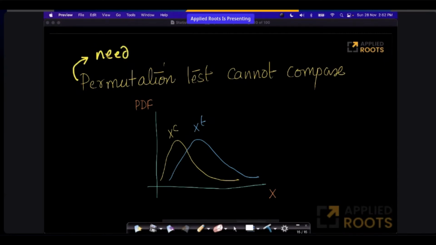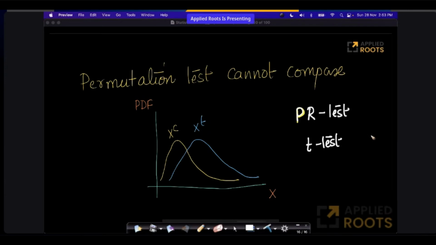This is the key. So suppose, imagine there is a setup where you can do two tests. One is the permutation resampling test. Let's assume there is another test like the T test or the Z test, a bunch of other tests. The t-test has some assumptions about the normality of the mean that it's computing.